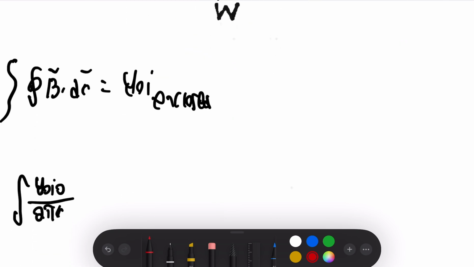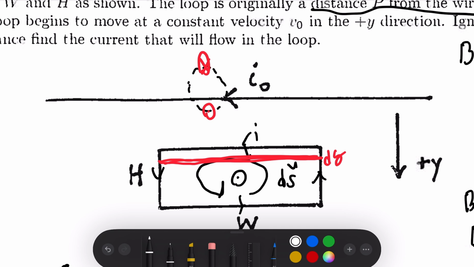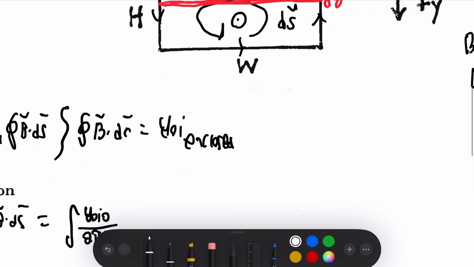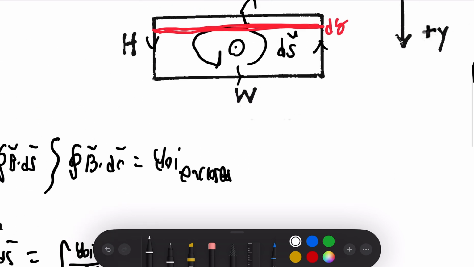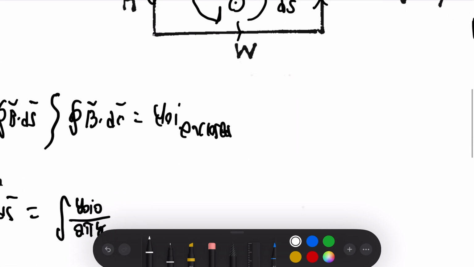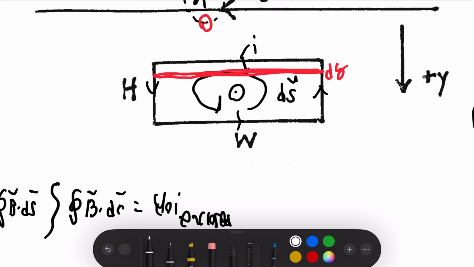That little segment's going to be changing. Because I'm calling that dy, I'm going to call this y as well. That's how the answer key has it, that's the only reason. So put that y. And then my area is going to be w staying the same, but then I'm climbing up the y, which is dy.